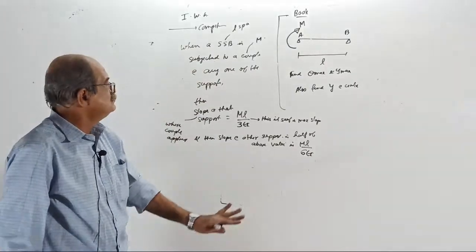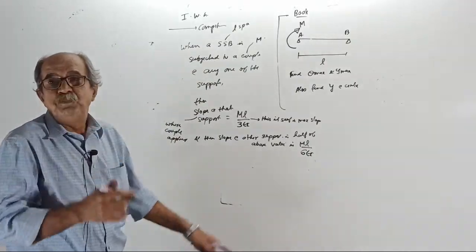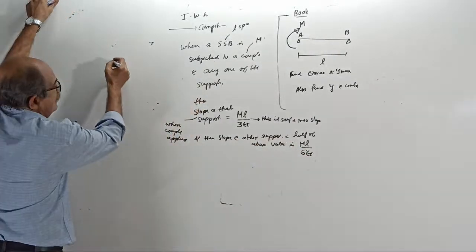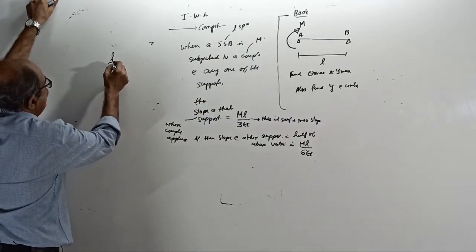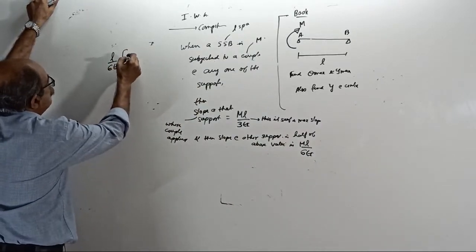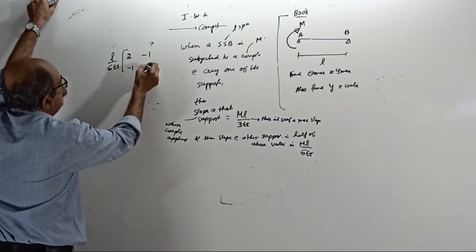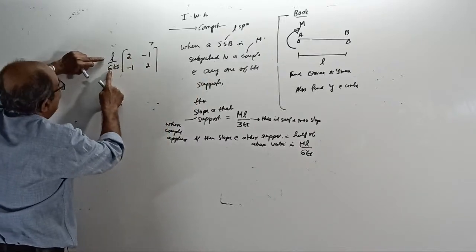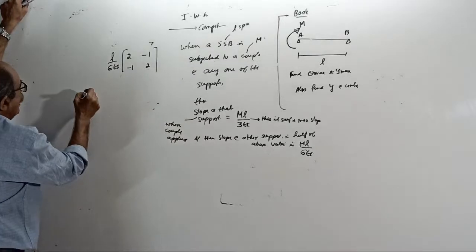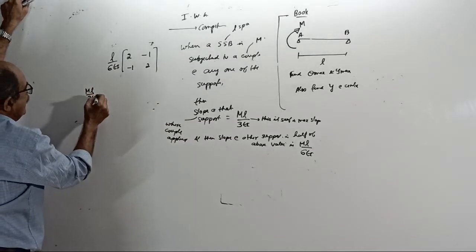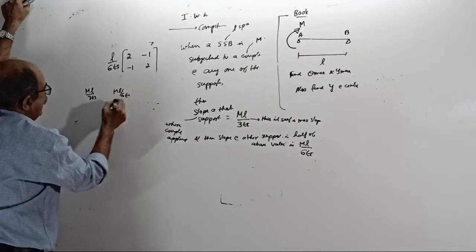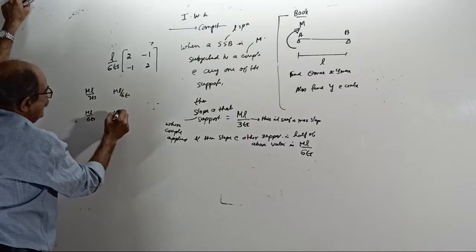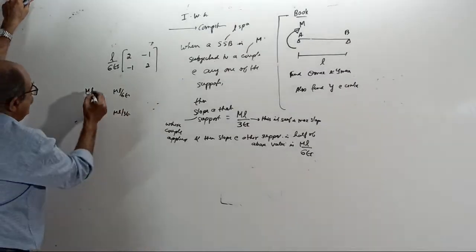Now, one piece of information based on this. L by 6EI into 2, 1, 1, 2 is derived. When couple M is 1, 2 by 6 is 1 by 3. The formula is ML by 3EI at one end and ML by 6EI at the other. If you apply the couple at the other end, it is ML by 6EI here and ML by 3EI there.